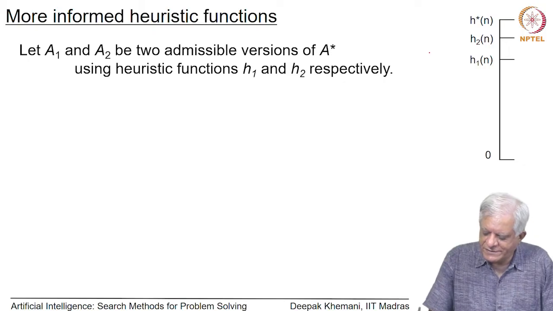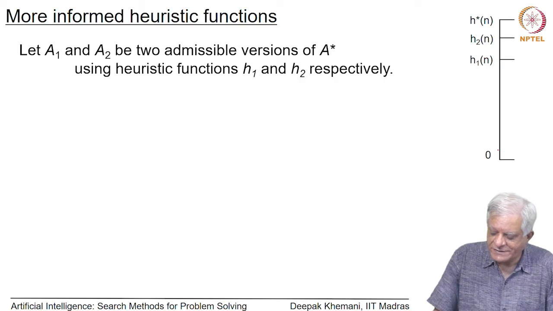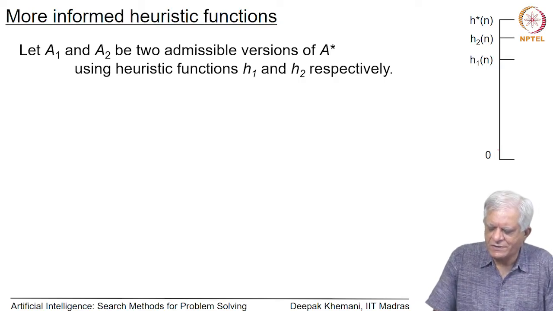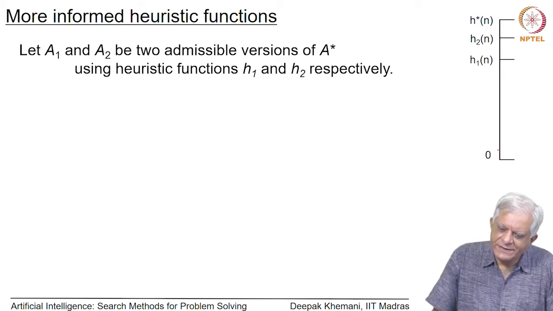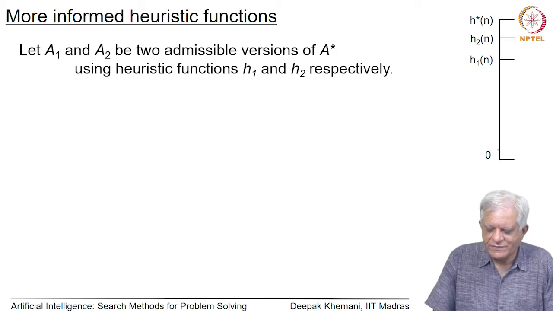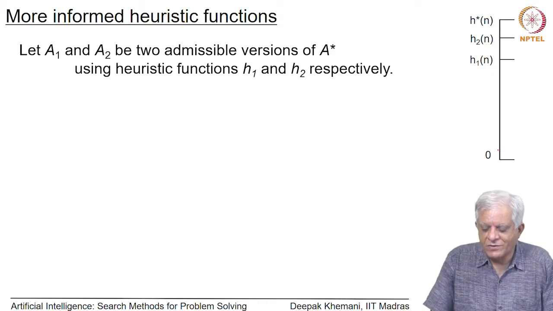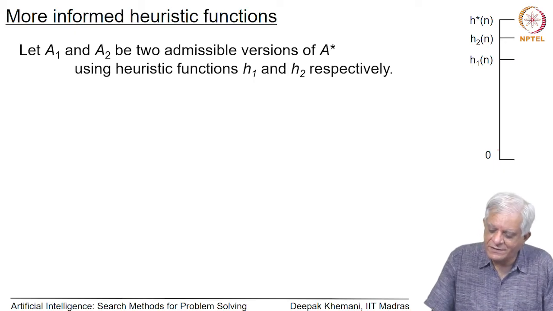Observe that the lowest possible value of a heuristic function is 0, and you can think of branch and bound and Dijkstra's algorithm as being instances of A star, where the heuristic function always returns 0, which means it only looks at the path from start to n and assumes that going from n to goal is 0 cost, and then its behavior would be like Dijkstra's algorithm or like branch and bound.